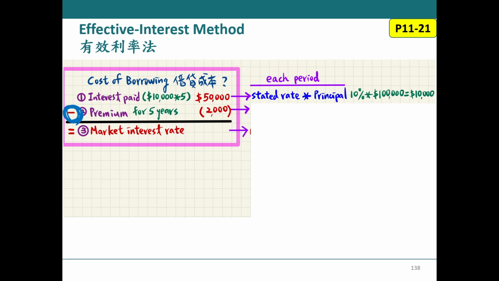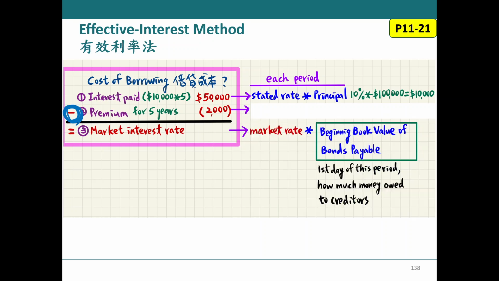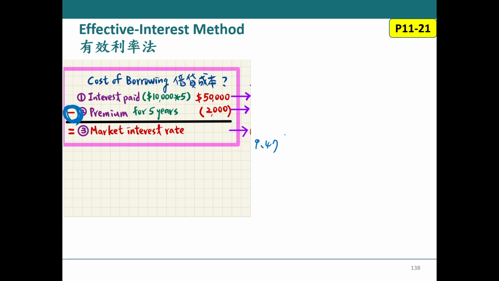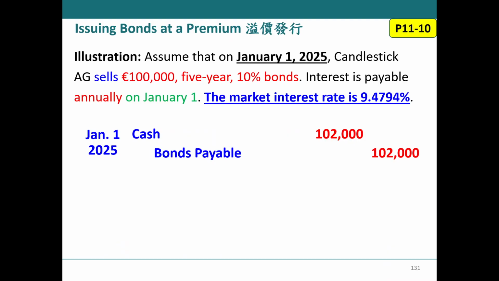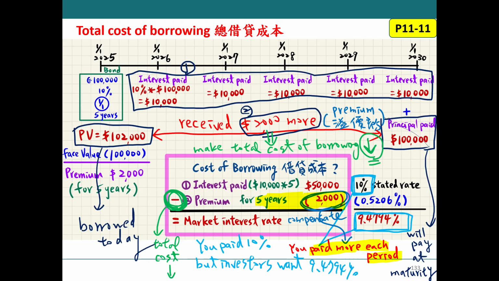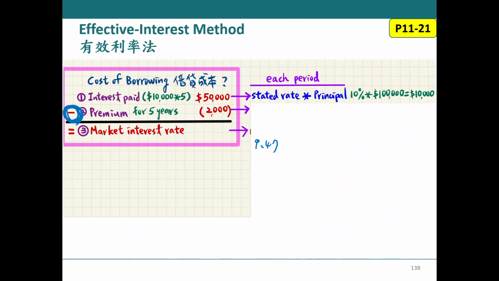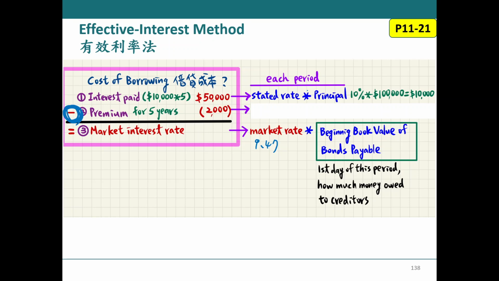So how to find out your total cost of borrowing? Based on what they want. So what they want is the market interest rate, okay? So in this case, what they want is 9.4794%.